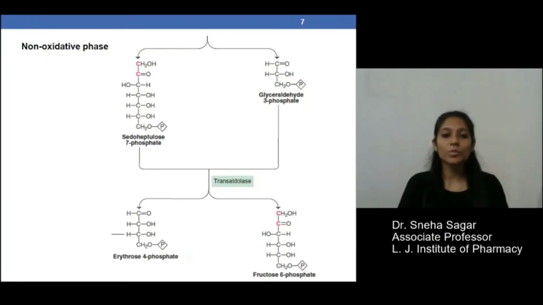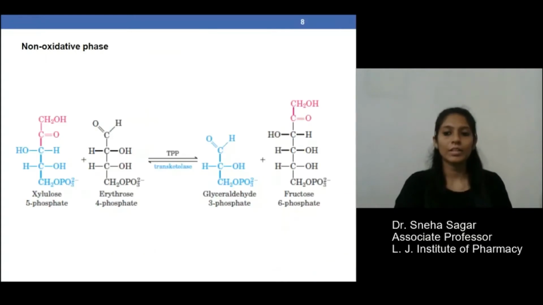Again, it reacts with transaldolase and can form erythrose 4-phosphate and fructose 6-phosphate. And lastly, xylulose 5-phosphate and erythrose 4-phosphate can form glyceraldehyde 3-phosphate and fructose 6-phosphate. So ultimately we can get different phosphates, and majorly the 5-carbon chain length phosphates are widely useful.